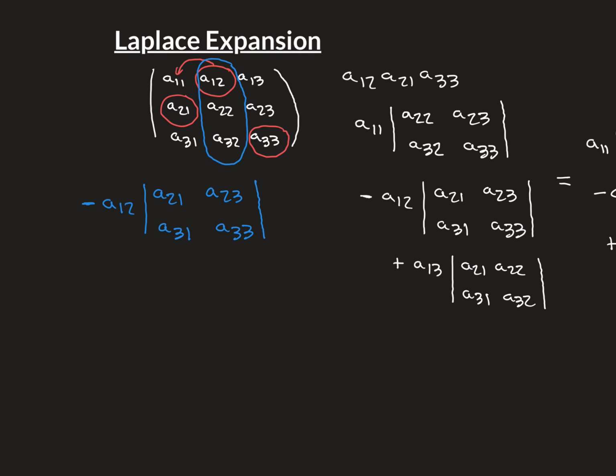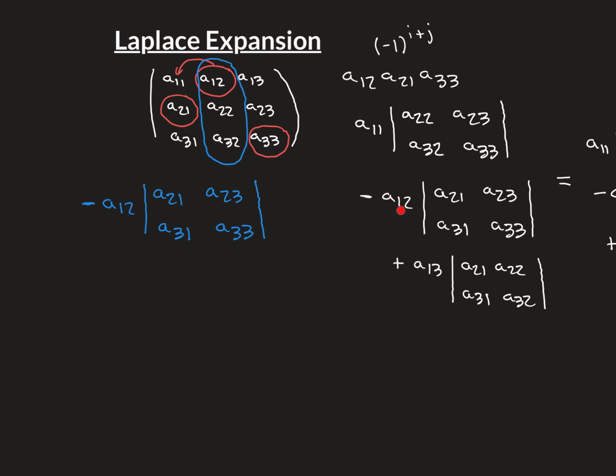So I'll tell you now how you work out whether you need a plus or a minus sign in these positions. So what you do is you do minus 1 to the power of i plus j. So for this one, i and j are 1 and 1, so you do minus 1 to the power of 1 plus 1, which is 2. Minus 1 squared is 1, so you want a plus sign in front of that.